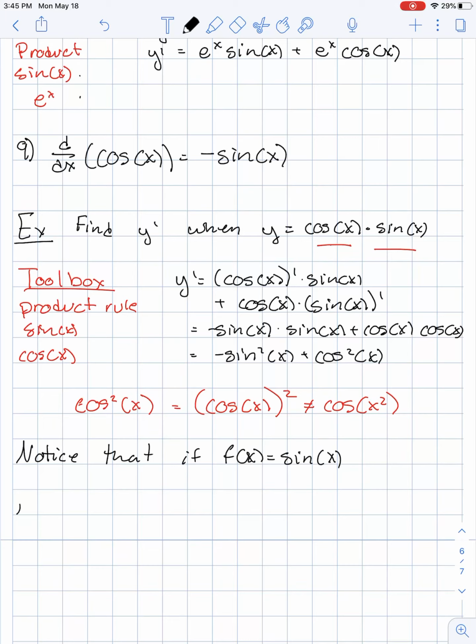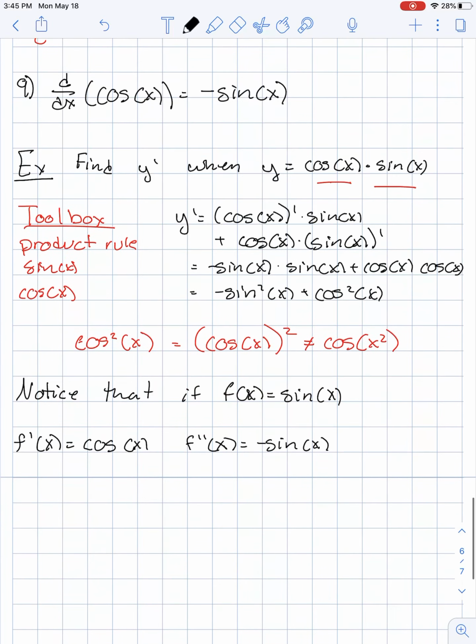So if f of x equals sine of x, f prime, the first derivative, is going to equal cosine of x. I just learned cosine of x's derivative, making f double prime of x negative sine of x. Well, then f triple prime of x is going to equal the negative derivative of sine of x, so that's negative cosine of x.